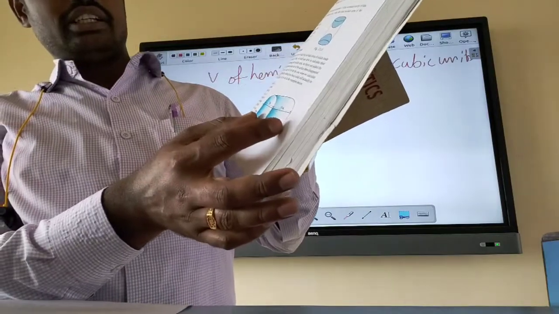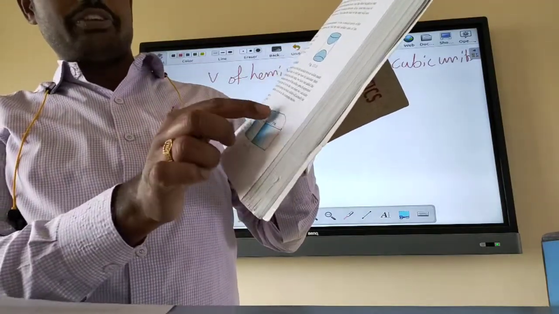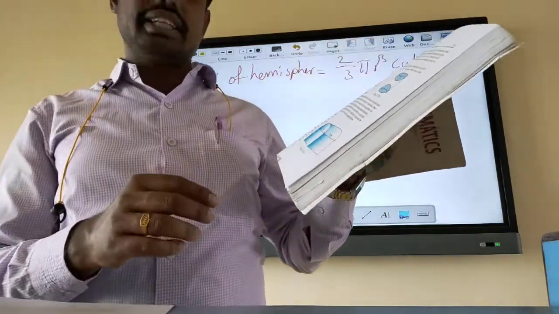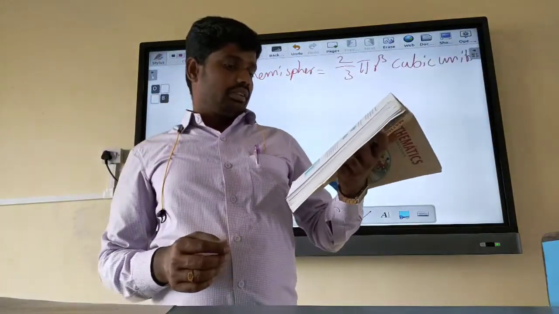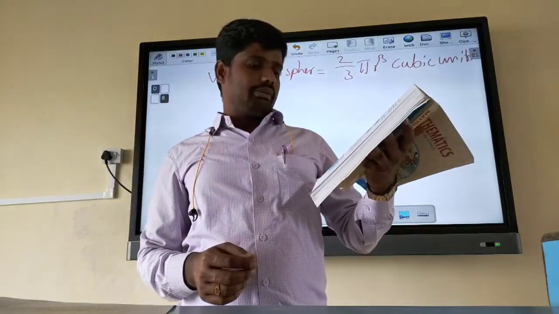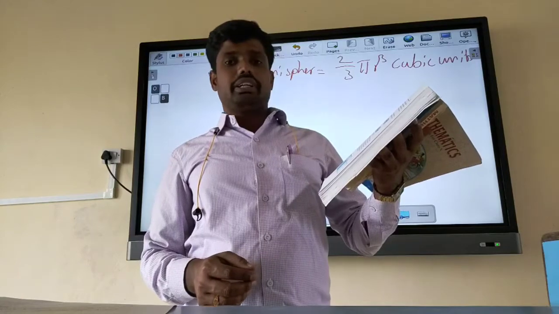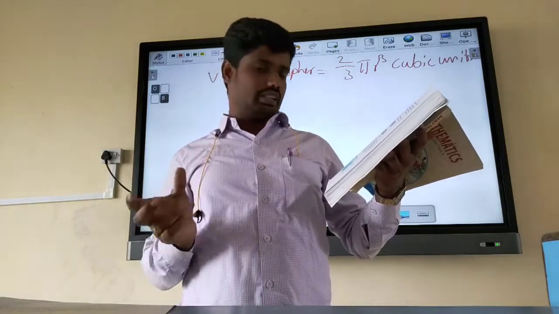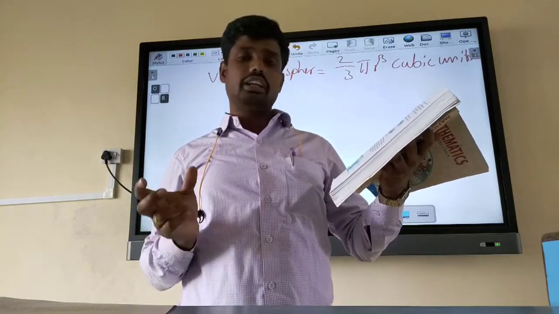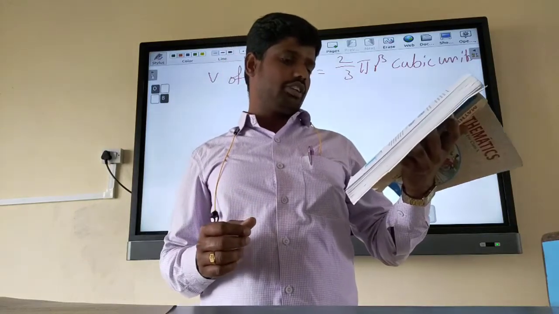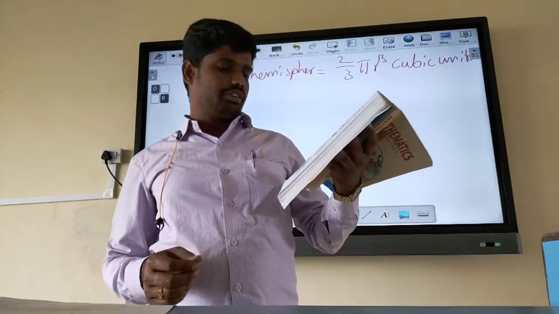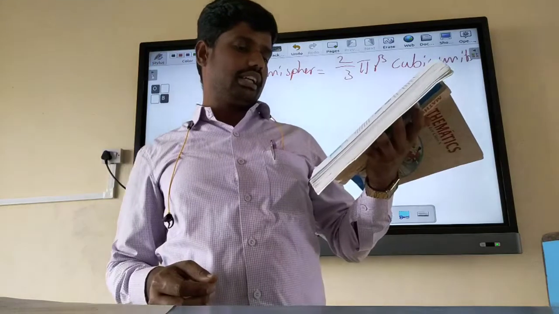This is the cuboid part, this is the half cylinder part forming the shed. The base of the shed has dimensions 7 meter and 15 meter, 15 meter length, 7 meter breadth, and the height of the cuboid portion is 8 meter. Find the volume of air that the shed can hold.